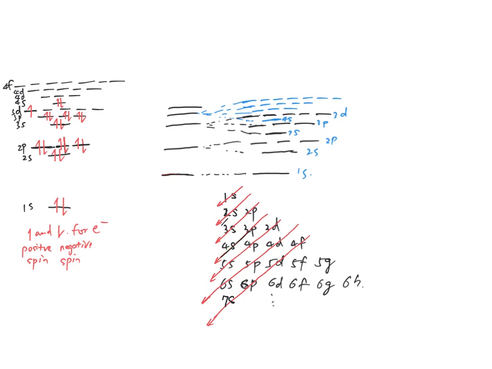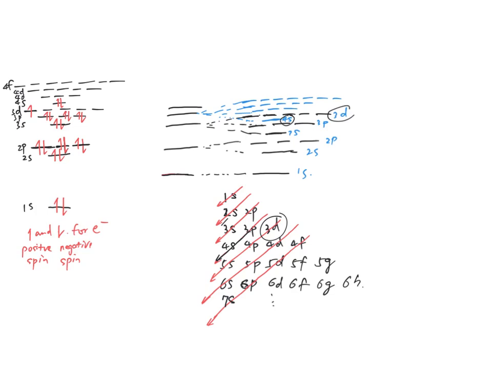This arrow takes you through 4s first, and after 4s, what do you got? You got 3d. Then 4p, 5s, and then 4f, 5d, 6p, whatever. If you can do this diagram and draw the arrows, you would never be confused about which subshell has higher energy in this process.